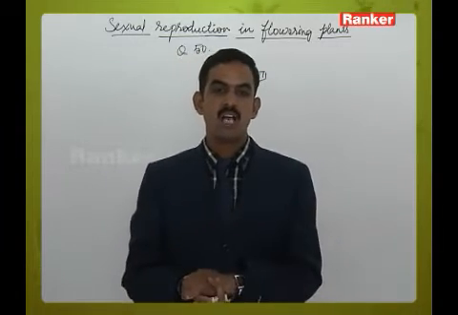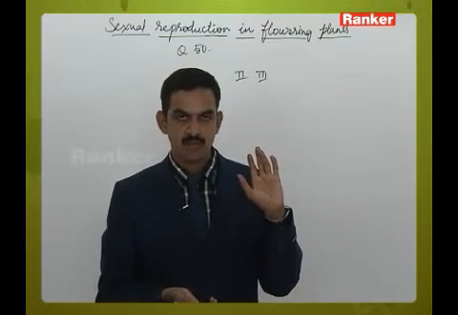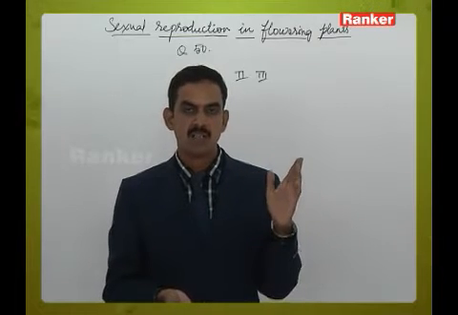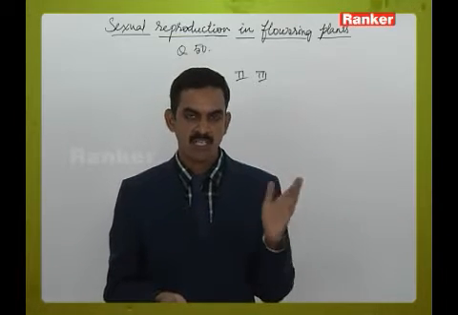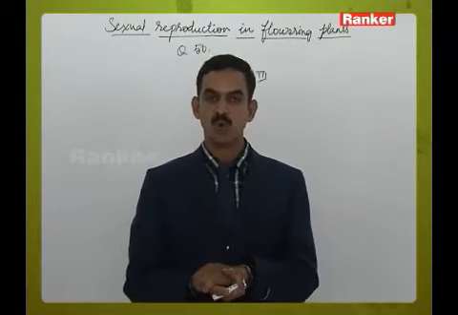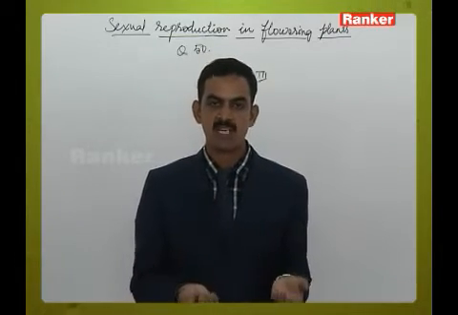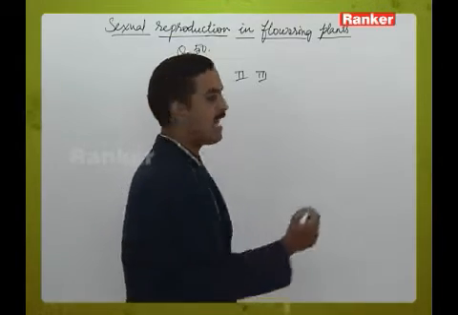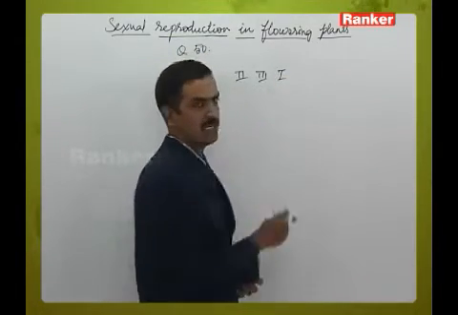Then when the microspore mother cell undergoes meiotic division, it gives rise to the spores. So what are the spores? The microspores, or we can say the development of microspores inside the anther. So the next option should be 1.